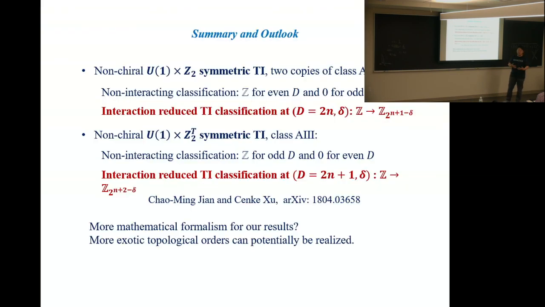As I said, in the first paper we wrote, we only considered probably the most boring case, where we just wanted to see the best understood case. The best understood case is that the interaction will reduce classification. We don't want to investigate how that will change with the synthetic dimension. But of course, as I said, many more exotic topological orders and topological insulators may be realized using synthetic dimensions.